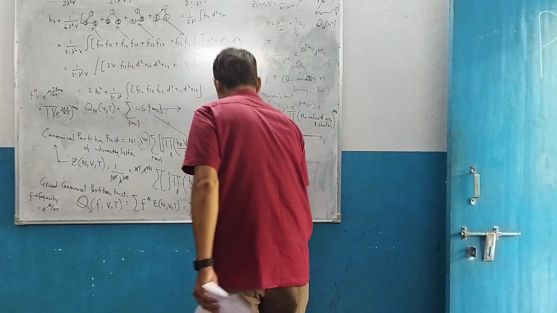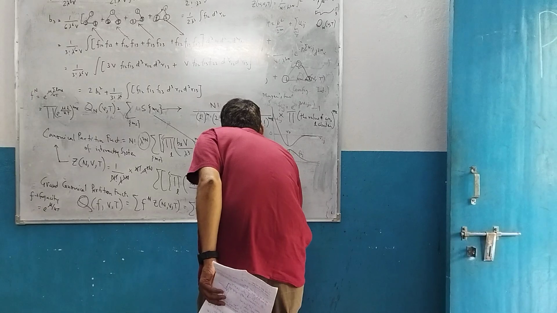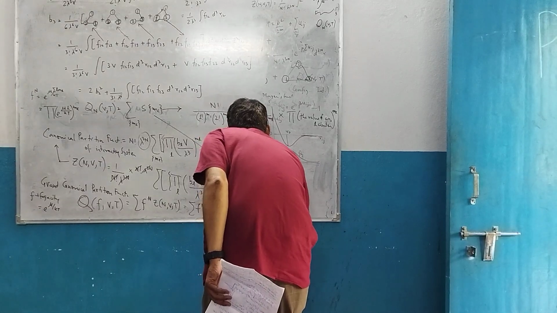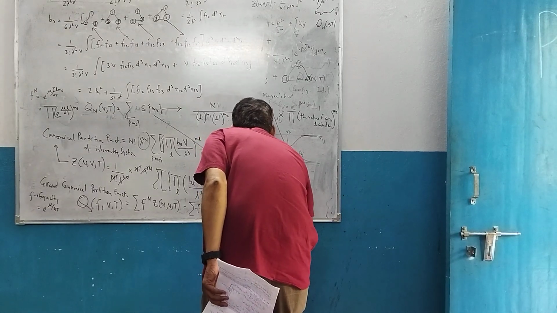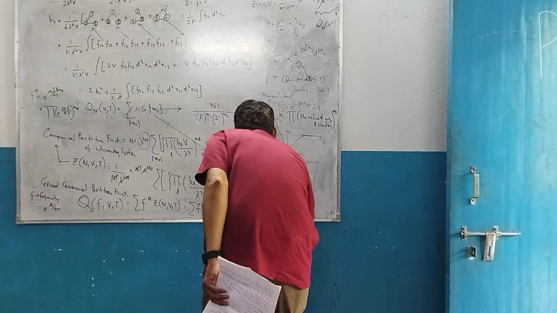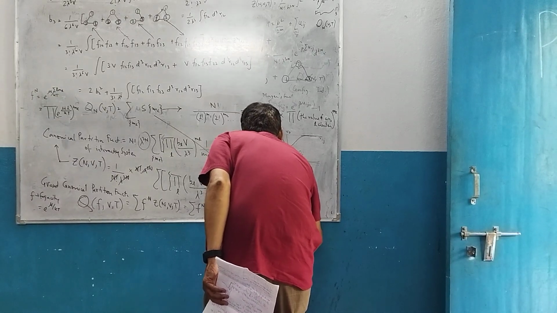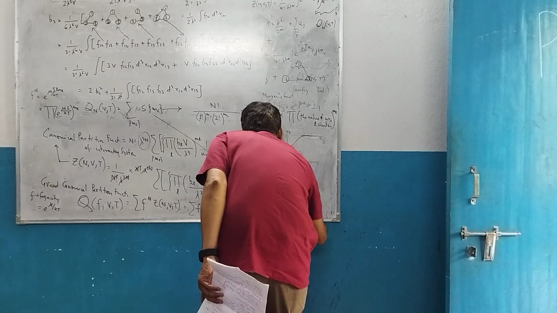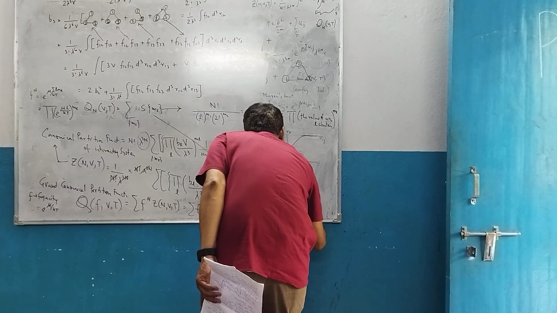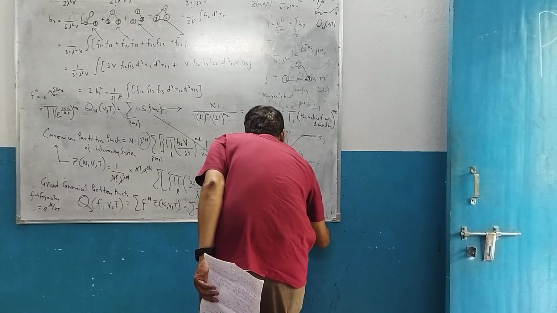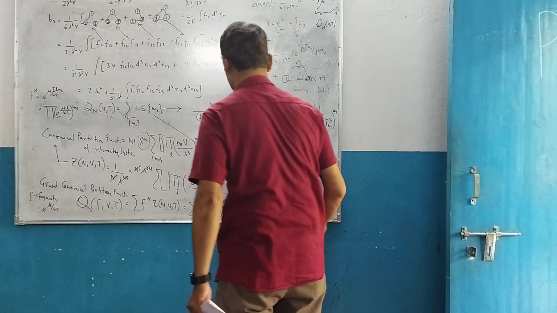So I can just include this product of f to the power l b_l V by lambda cube to the power ml, and this whole thing divided by ml factorial.